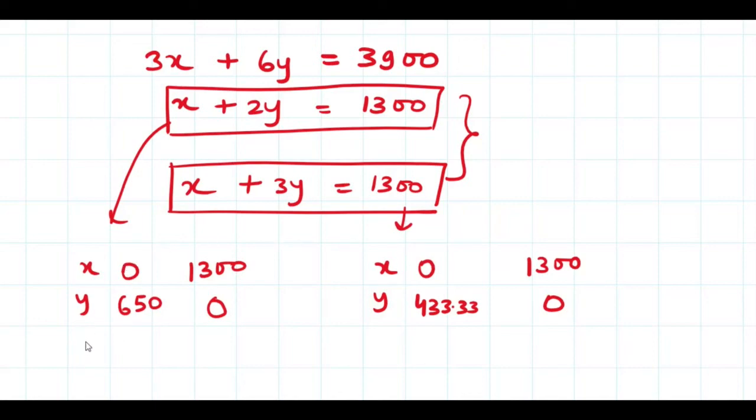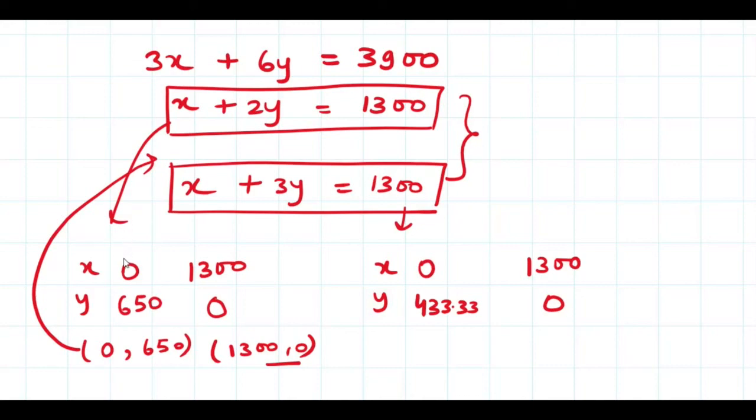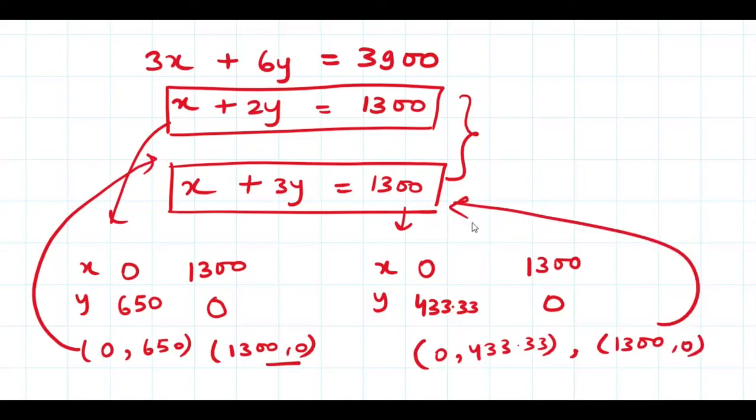So we have 2 points (0, 650) and (1,300, 0) for the equation x plus 2y equals 1,300, and (0, 433.33) and (1,300, 0). These 2 points are of the equation x plus 3y equals 1,300.